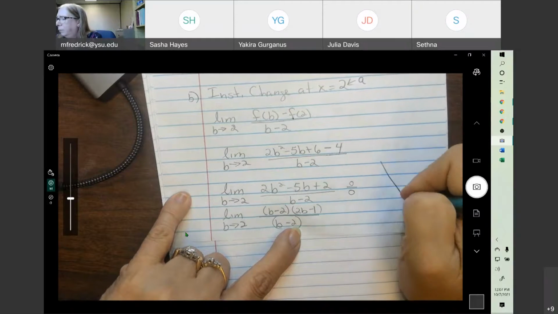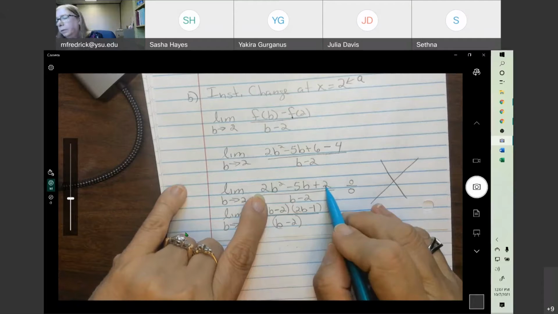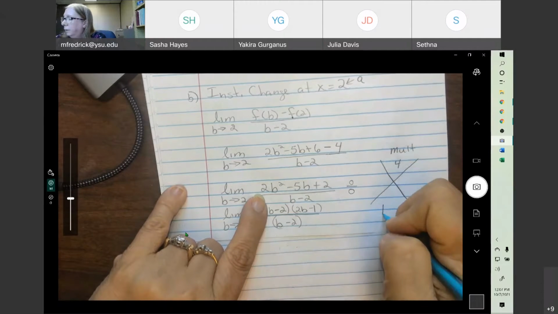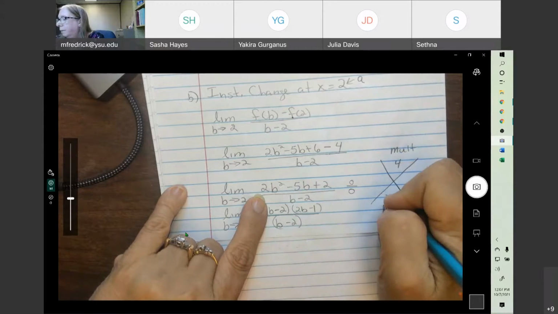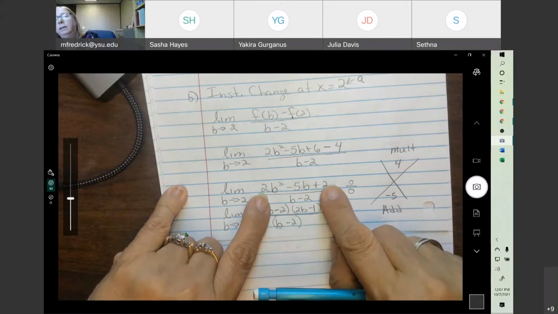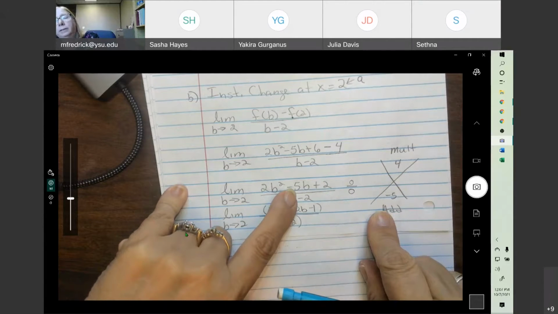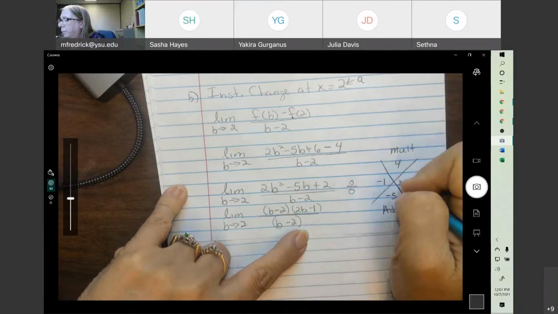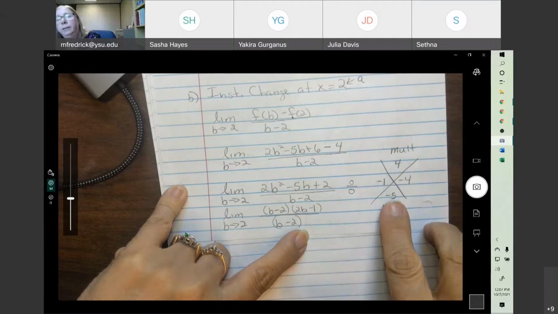The other way, which we did before when we were factoring, we took 2 times 2 and got 4. So we multiply to get 4 and add to get the middle value, which is a negative 5. That would be negative 1 times negative 4. When we multiply, we get the positive 4. When we add, we get the negative 5.